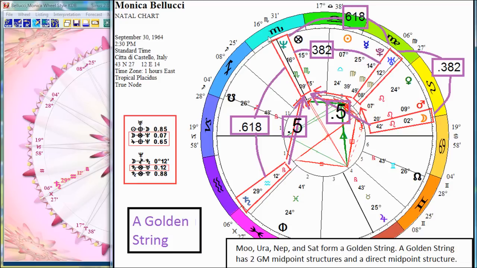And that's the key, again, to the thing that makes it a golden string: 4 planets in golden ratio relationships and increasingly larger angular distances, and it gets reinforced by the direct midpoint structure. That's the special pattern. It can give a special power.